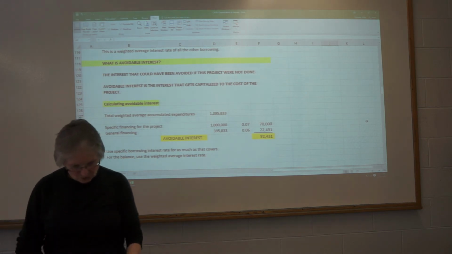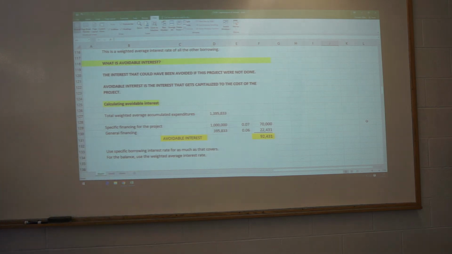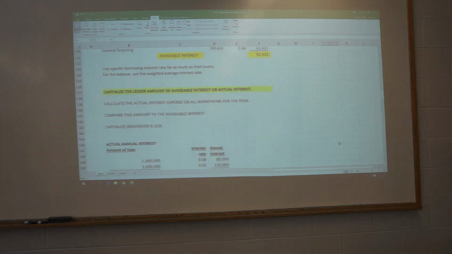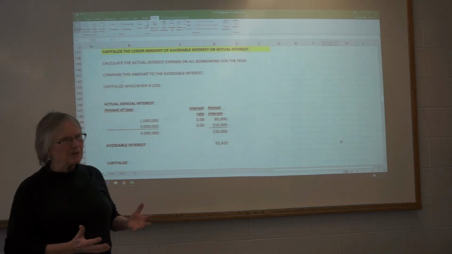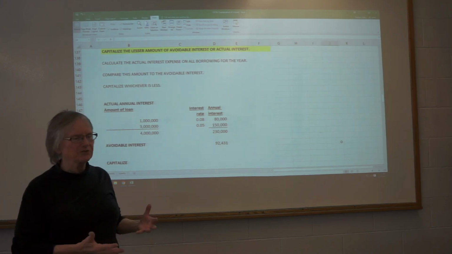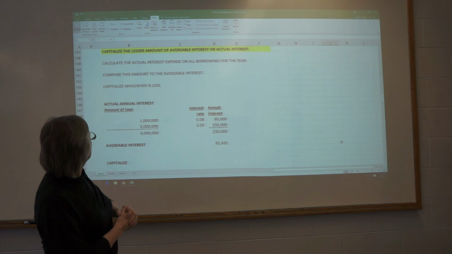So I think that's probably, oh, there's one more step. You have to capitalize whichever is less, the avoidable interest or the actual interest. On some of the problems, the actual interest is actually less. That's a lot of actuals. But usually it's going to be the avoidable interest.